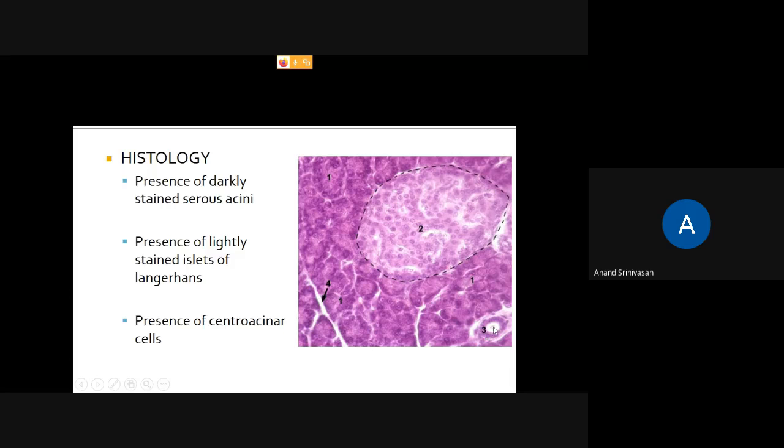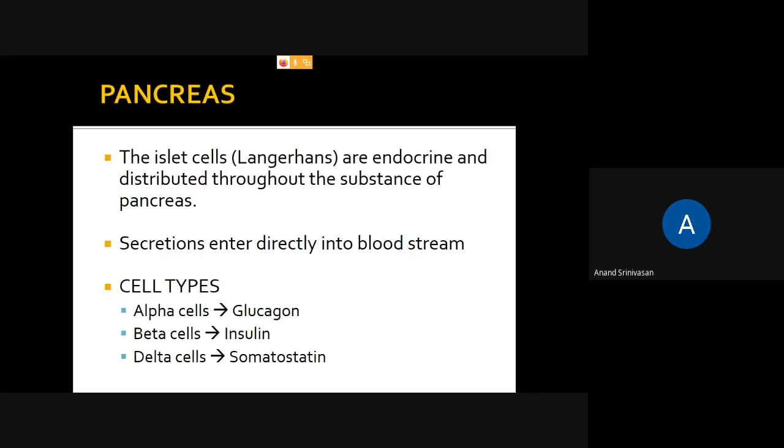Inside the acinus there will be a cell in the center, called a centroacinar cell. The centroacinar cells are a classical feature seen in the pancreas. So we have the islets of Langerhans and the darkly stained serous part, which is the exocrine pancreas. The pancreas contains mainly the islets of Langerhans, comprising alpha, beta, and delta cells.